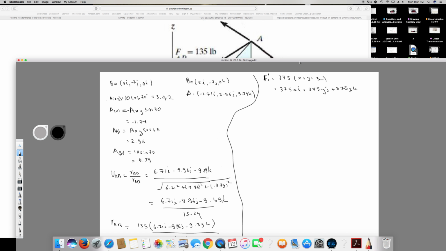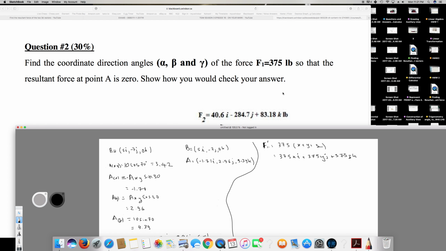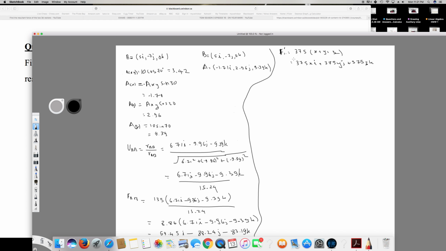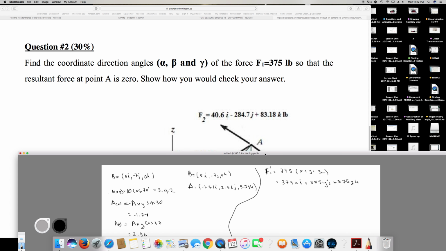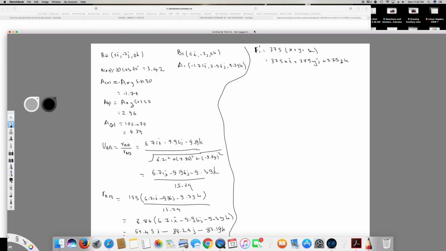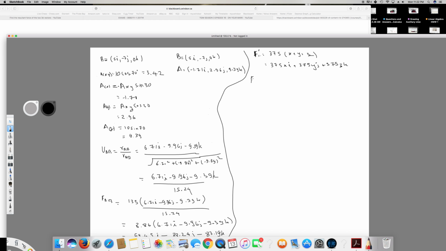Now according to this question, when I add all three of them together, it will become 0. So let's add all of them together. F1 prime plus F2 plus FAB is going to be equal to 0.